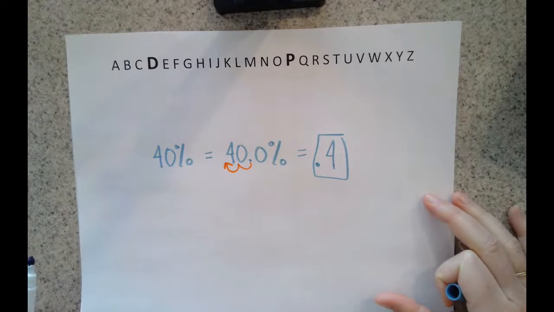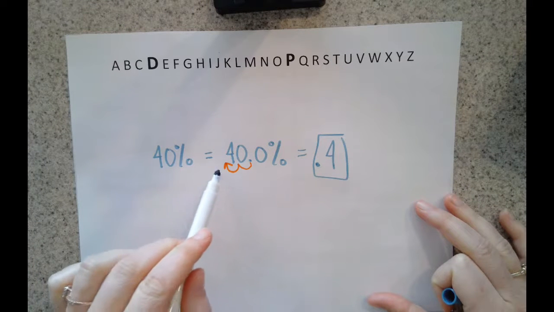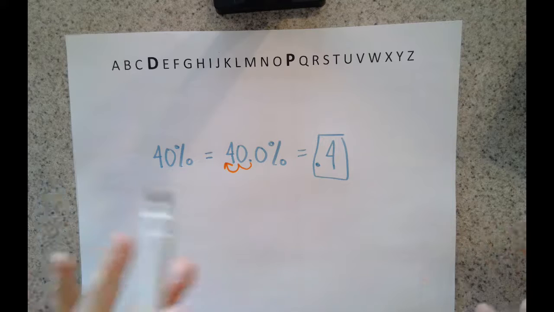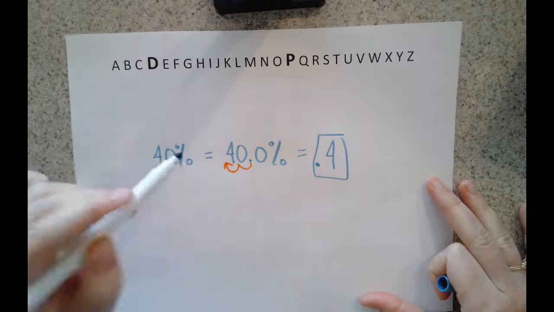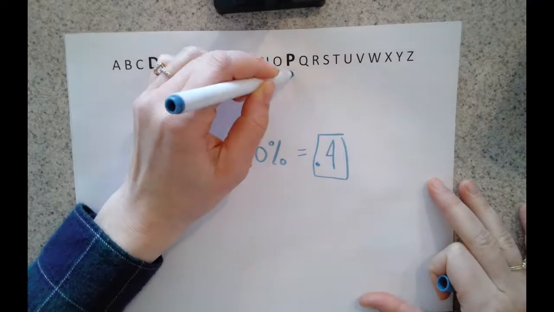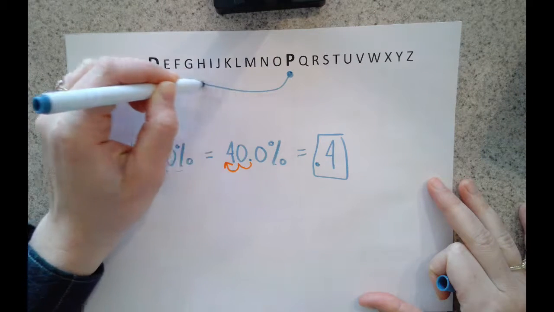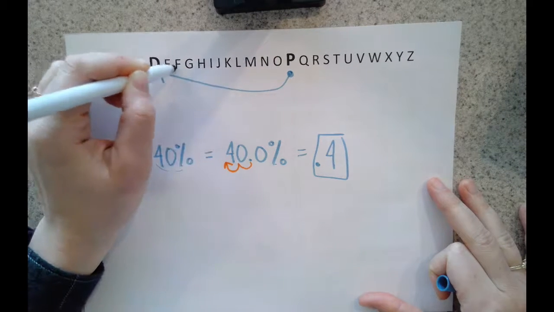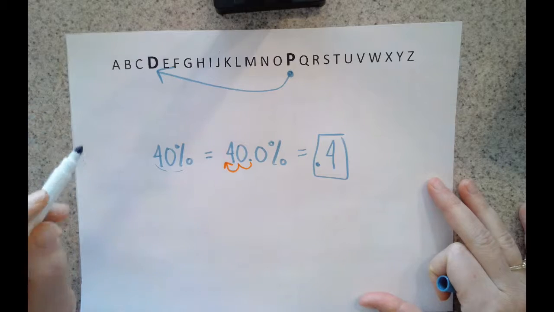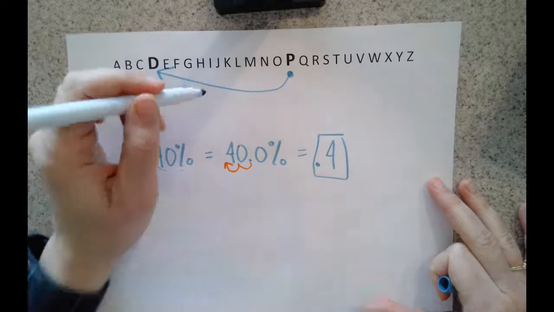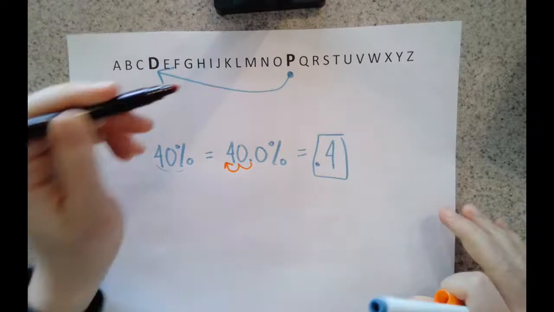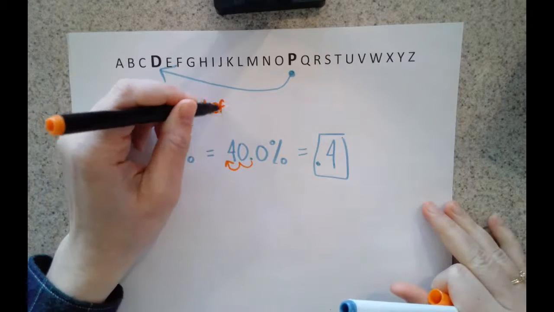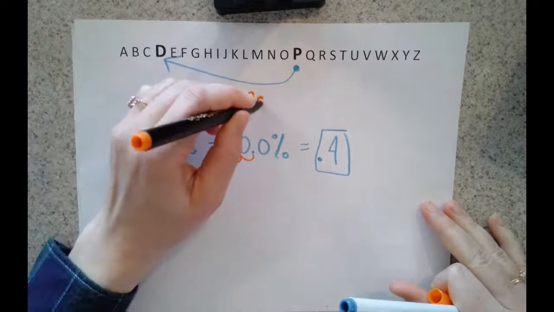Okay, and again, if you get confused, which way do I move the decimal, 2 spaces left or 2 spaces right, just think about the alphabet. This time we started with a percent, but we want to convert to a decimal. We move to the left, so to go from percent to decimal, you go left 2 spaces.